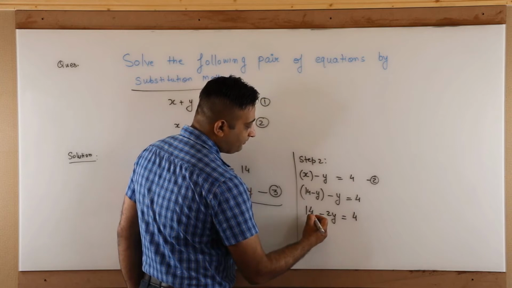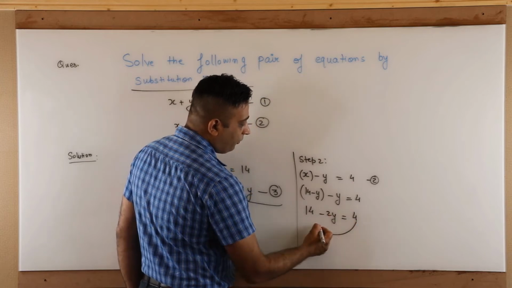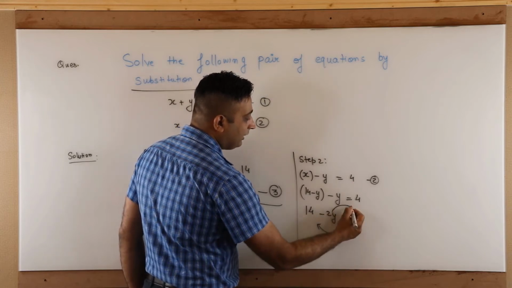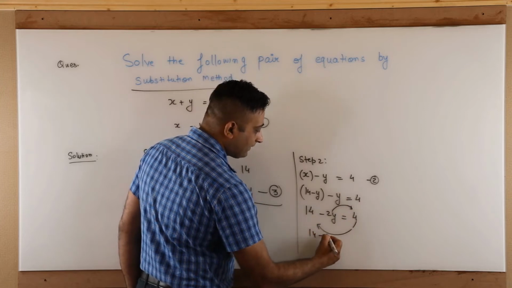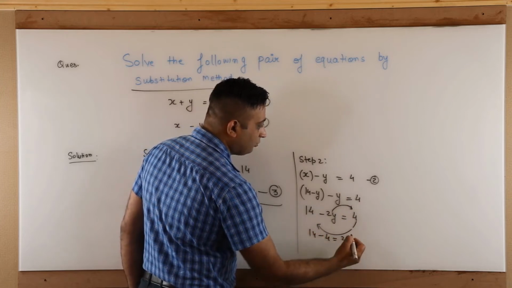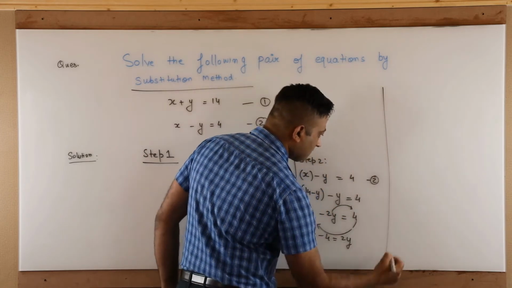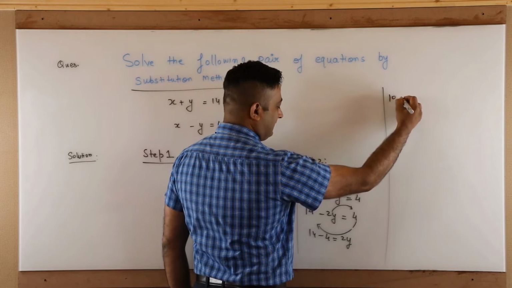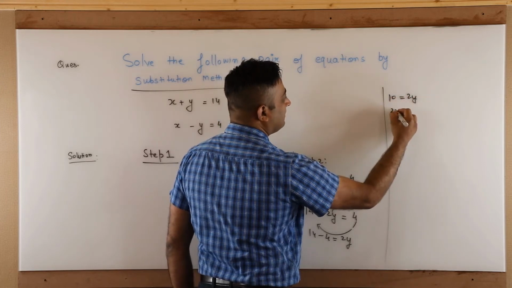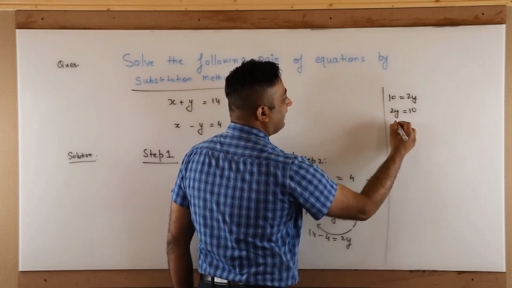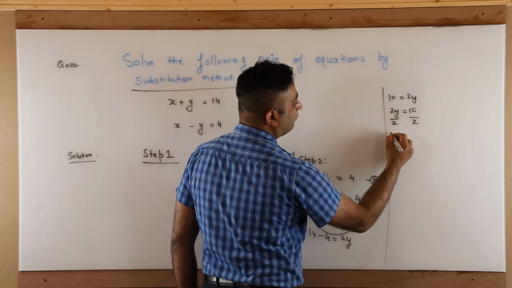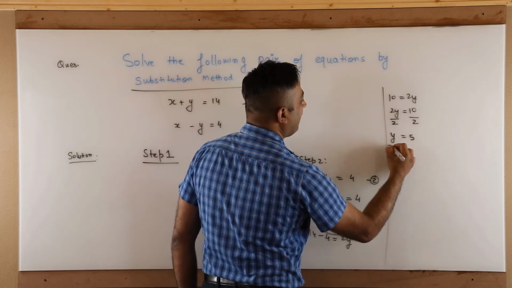Now transposing 4 to the left hand side and 2y to the right hand side, we will get 14 minus 4 is equal to 2y, that is 10 is equal to 2y. That means 2y is equal to 10, and we will divide both sides by 2. We get y is equal to 5.